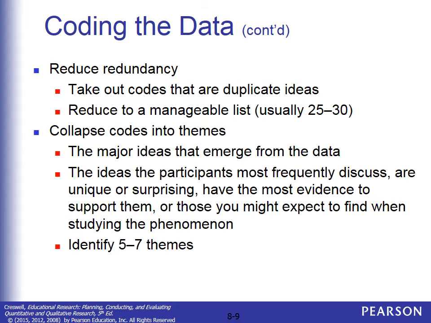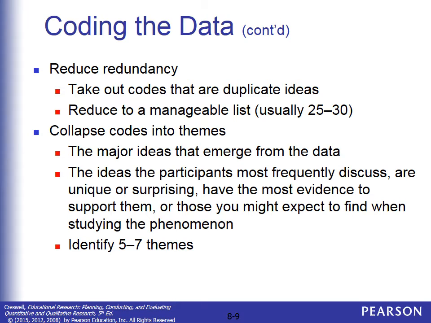So your goal is to reduce the list of codes to a smaller, more manageable number, such as 25 to 30. So say you go through a 30-page document and you have 50 codes, you might want to collapse the codes or reduce them, or ones that are overlapping in meaning, combine them. It's best not to overcode the data because in the end, you will need to reduce the codes to a small number of themes anyways.